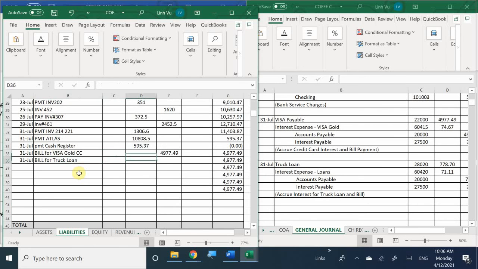Same thing here, I'm going to recognize that I'm going to be owing $778.70.